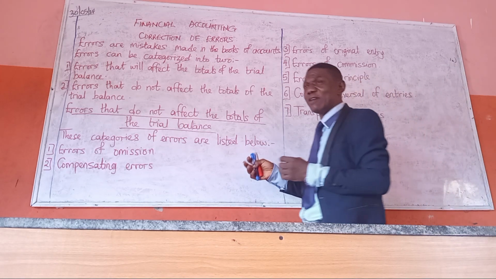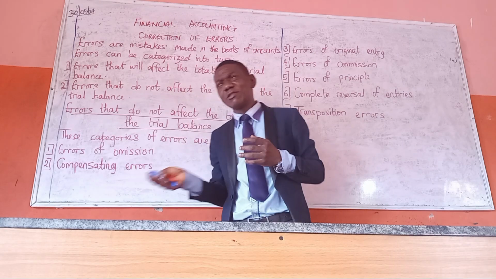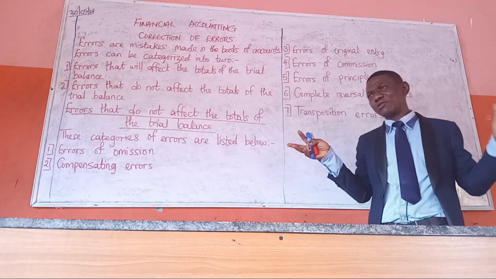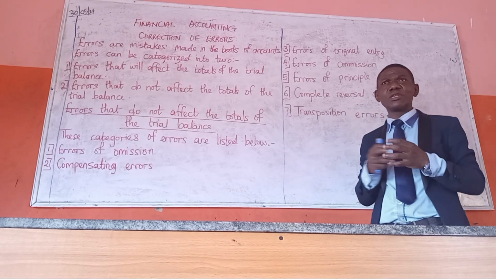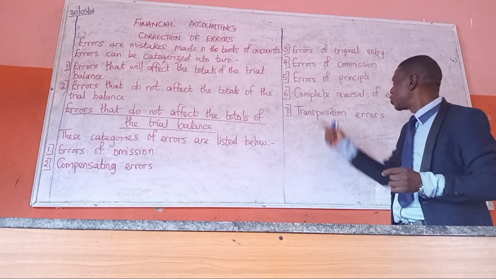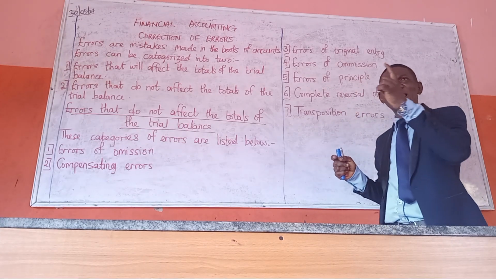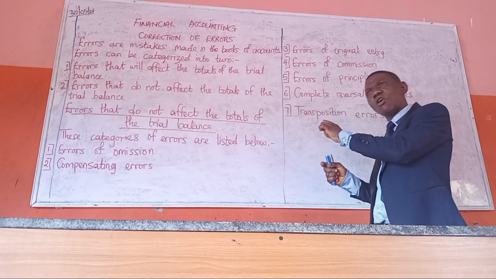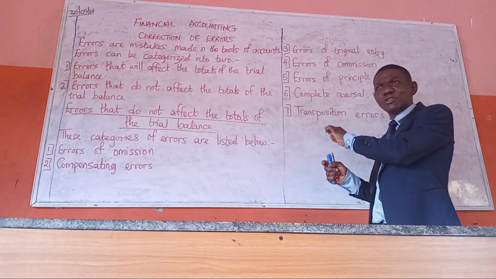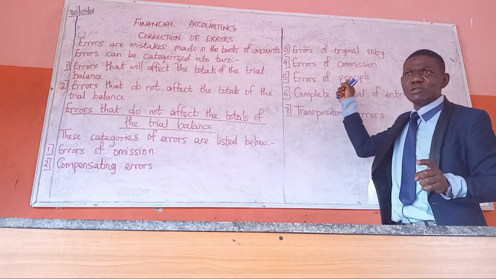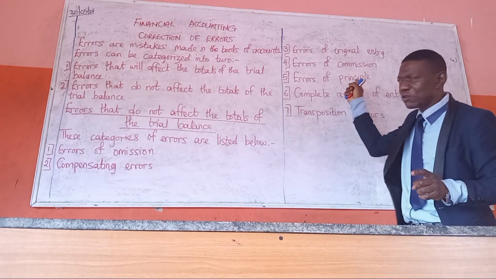The real account is talking about the asset accounts, and the nominal account is talking about the expenses and income. So errors of principle is saying that you have posted a transaction that is meant for, for instance, a real account into a nominal account. So this one is talking about wrong classification of accounts.